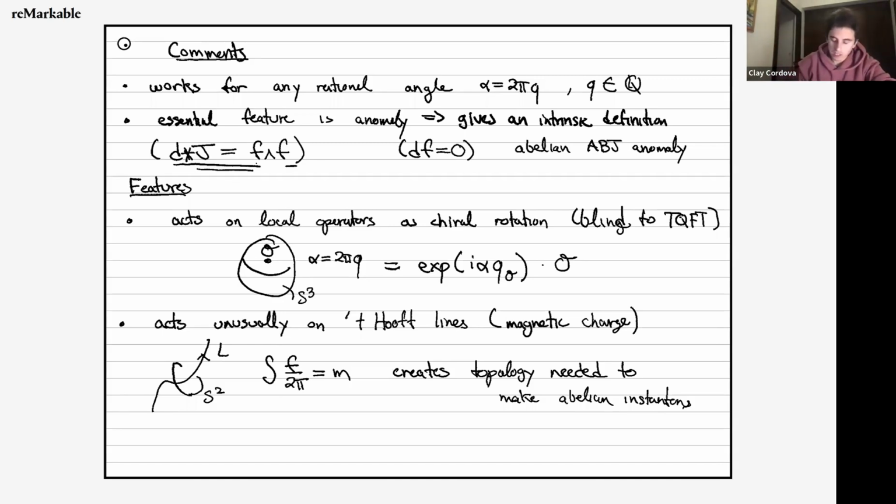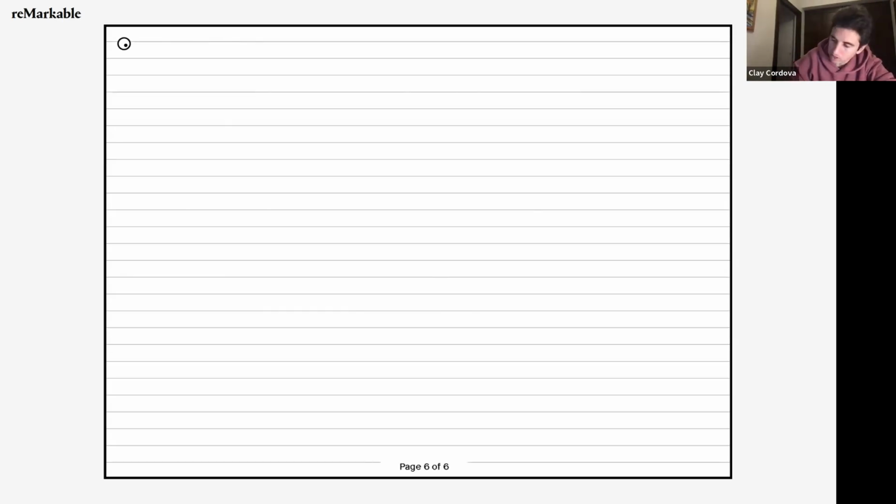Okay, so this is supposed to help with Shiraz's question. First, let me tell you how it acts on 't Hooft lines. It acts weirdly on them. It's a feature, not a bug, though. So again, we'll draw our little diagram. Here will be our D_k of M3.